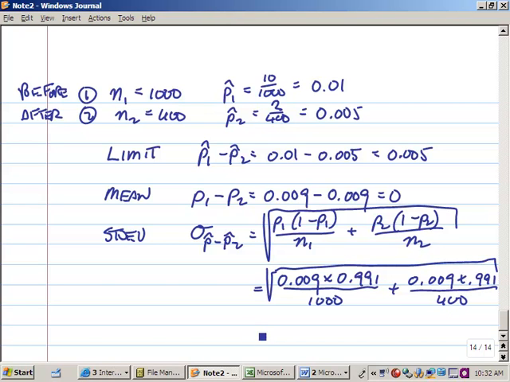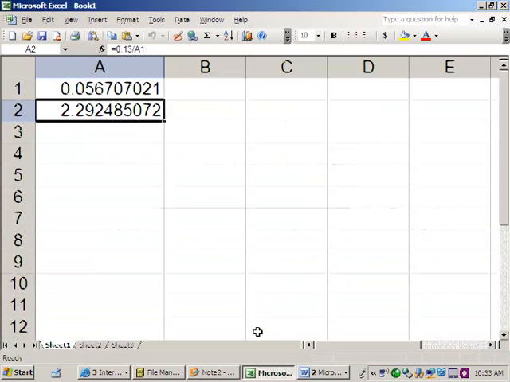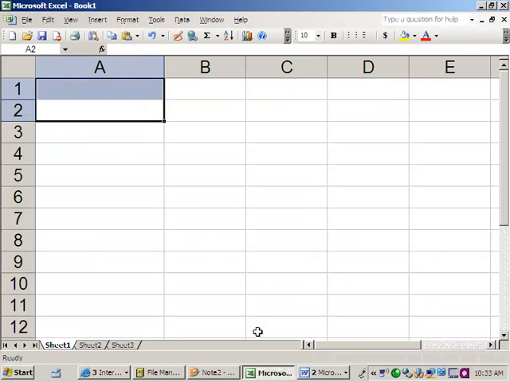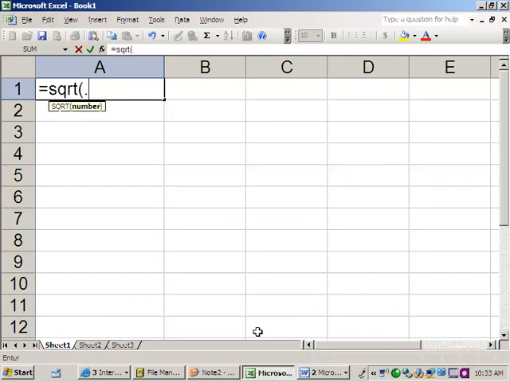So go to Excel, figure that out. Square root of 0.009 times its complement, 0.991, divided by 1,000, sample size there, plus 0.009 times 0.991 divided by the sample size there, 400.